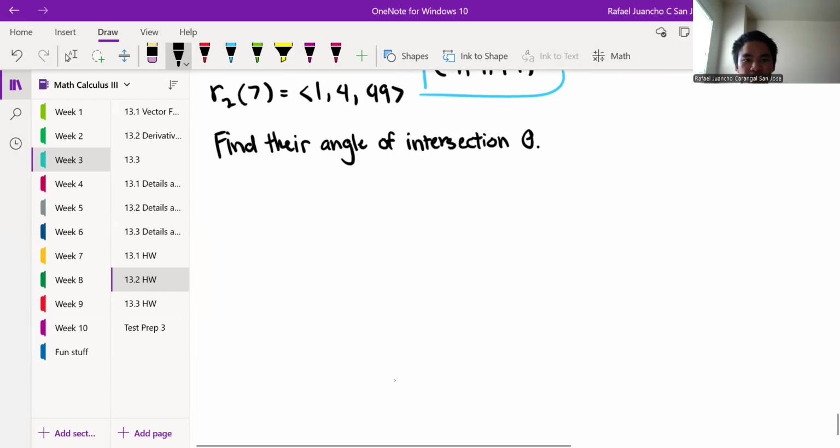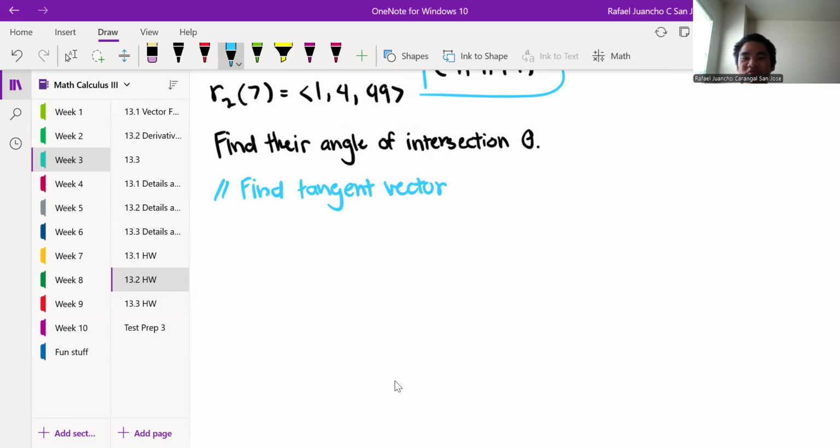So the steps to do that: we need to find their tangent vectors. We're doing everything again, like before. The additional step was finding this intersection. So we need to find their tangent vectors at that point. So I need to find R1'(t), the derivative of that.